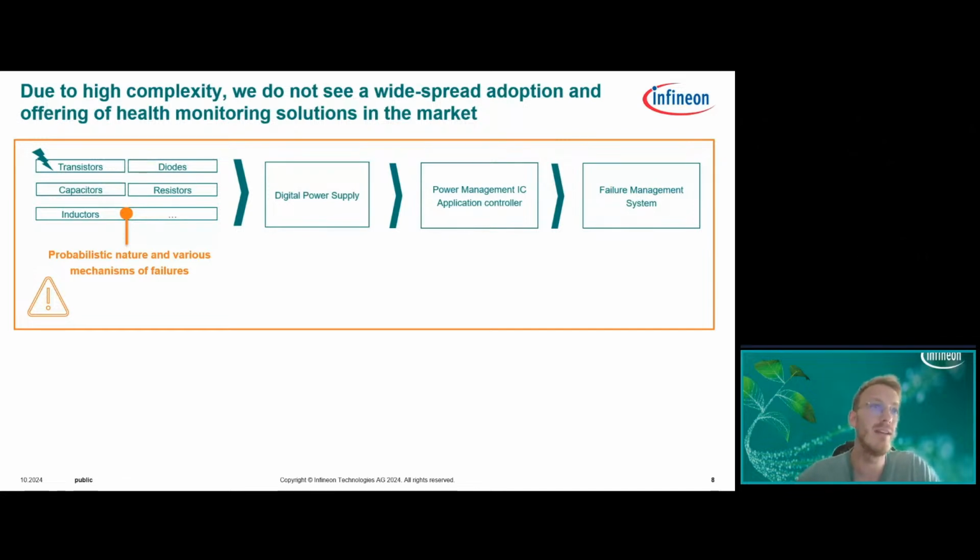So you would need lifetime models for each and every component on your device. This becomes even more complex if you have multi-sourcing. If you have a different transistor from a different vendor, you also need a lifetime model for this one. And as those lifetime models are not publicly available or very established in the industry, adoption of something like this is very difficult.